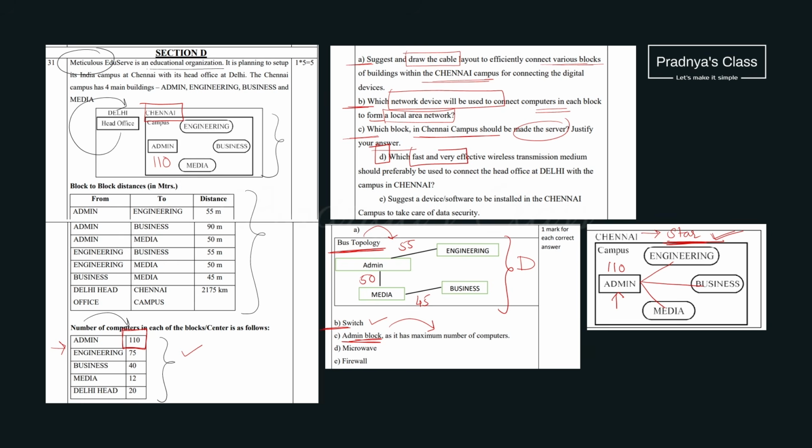Which fast and efficient wireless transmission medium should be used to connect the head office at Delhi with Chennai? For the given distance, microwave will be the efficient option. Moving ahead to the last question. Suggest a device or software to be installed in the Chennai campus to take care of data security. For a computer network, firewall is the best option.